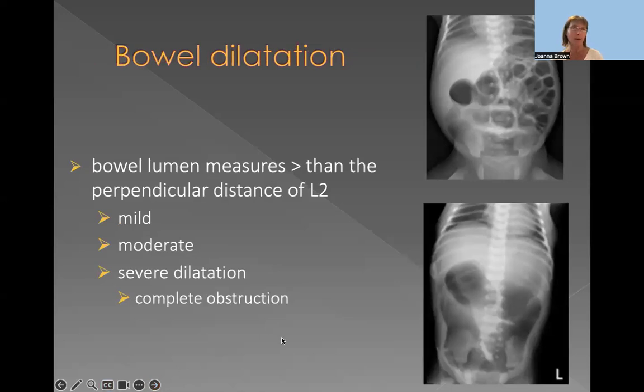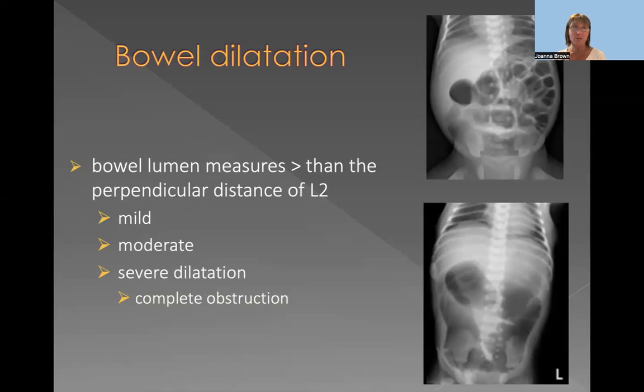Measuring bowel loops in children is more difficult than in adults. On an abdominal X-ray in adults, more than 2.5 centimeters for jejunum or more than 3.5 centimeters for ileum means obstruction and abnormal size of the bowel loops.